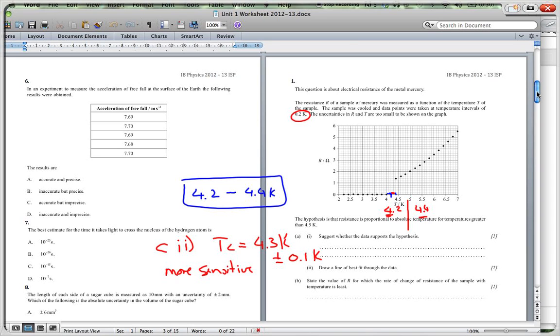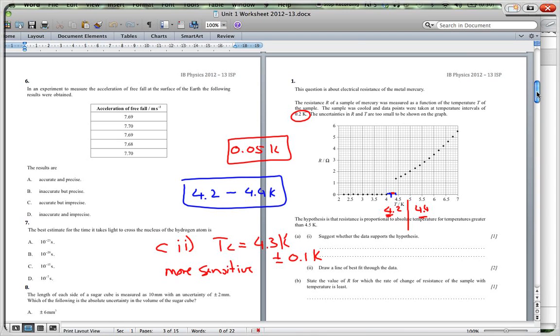So you would perhaps want something that can measure 0.05 Kelvin, and then you would be able to more precisely find that value. So if you had something that could measure at smaller intervals, you would get a more precise value.